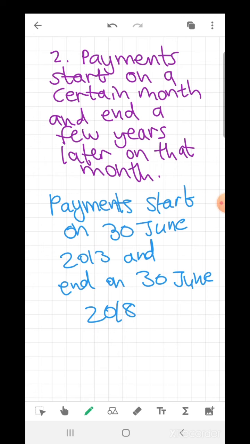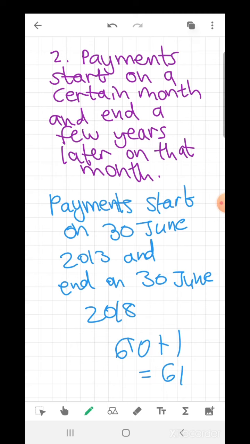So it can't be 60 as in 5 years times 12 months. It would be 61 because it's going to be 60 plus 1, which should give you 61 payments. So that's the second situation where it starts on a certain month and it ends on that exact same month a number of years later.